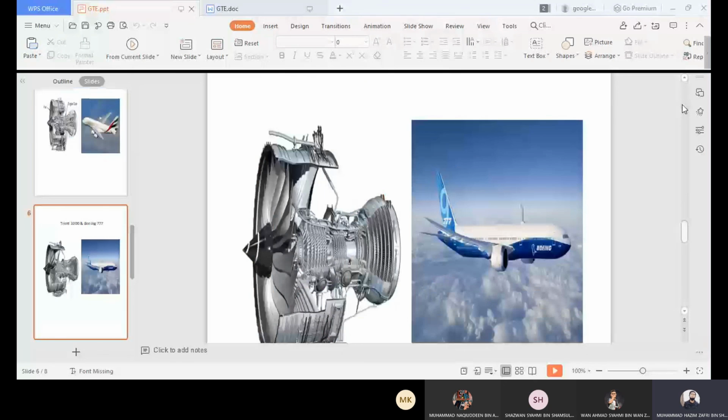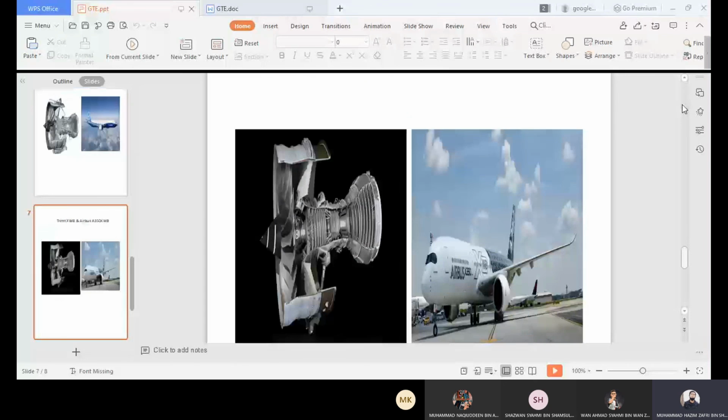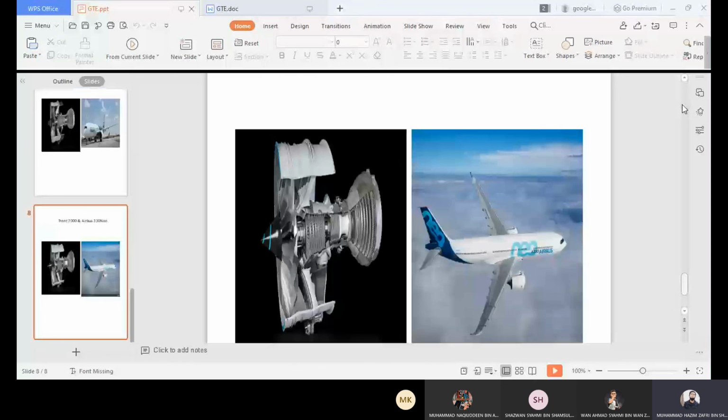This is the Trent 1000 and Boeing 777. This is the Trent XWB engine and Airbus A350 XWB. This is the Trent 7000 and Airbus A330neo. That's all. Thank you.